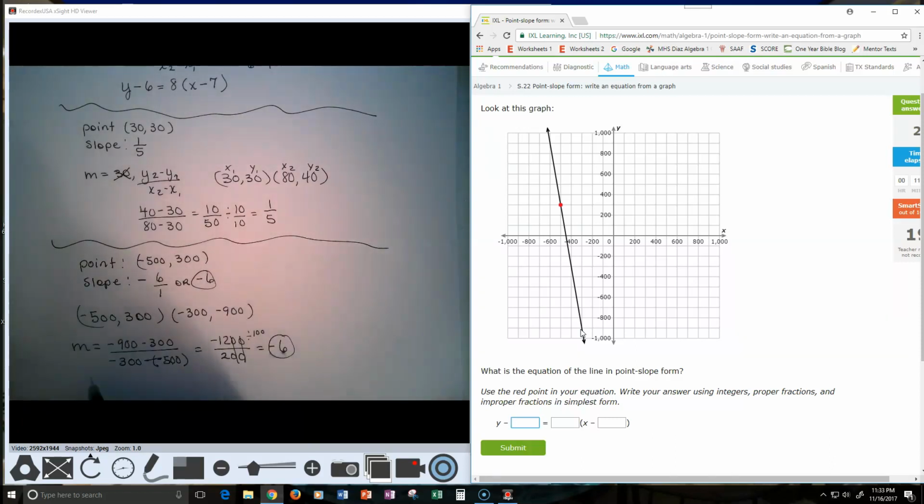We can write our formula as y minus 300 is equal to the slope, which is negative 6, x minus negative 500. So we're going to put 300 here, negative 6 here, and negative 500.